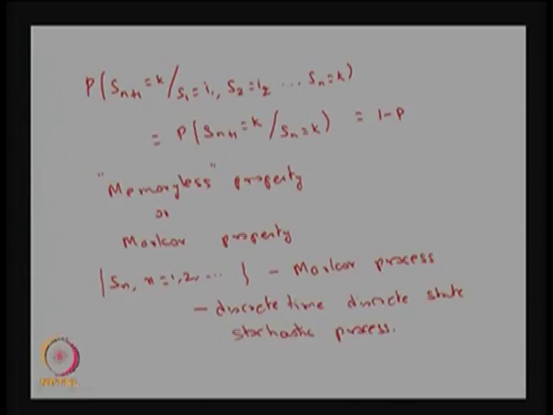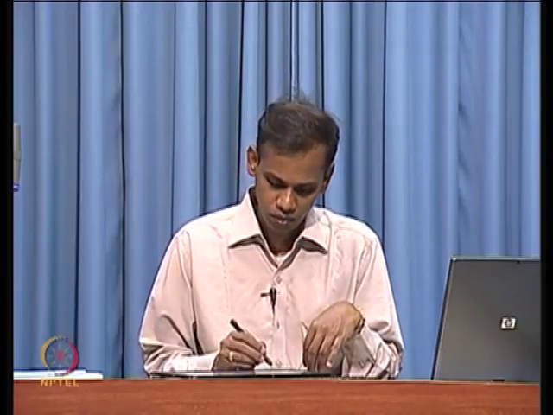Now, based on the state space and the parameter space, I can classify the Markov process, or I can give the name of the Markov process in an easy way based on the state space as well as the parameter space.